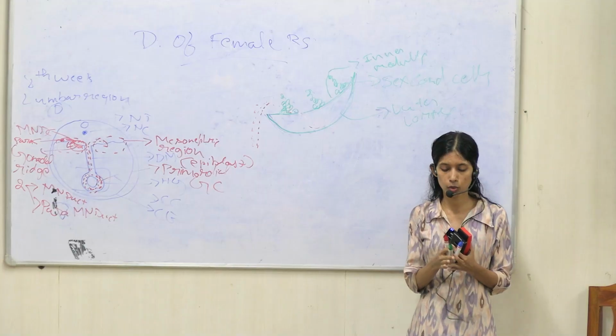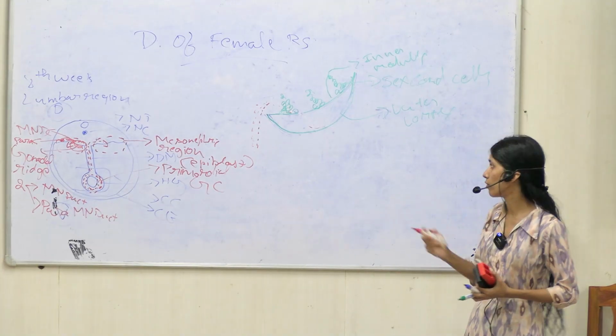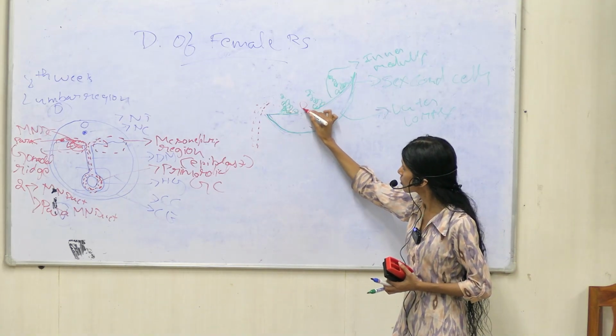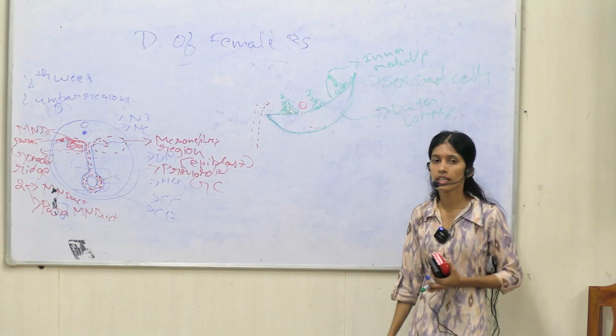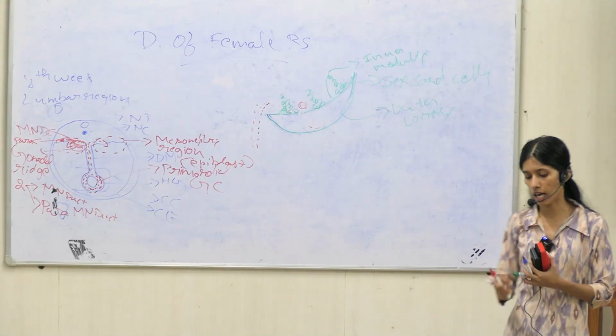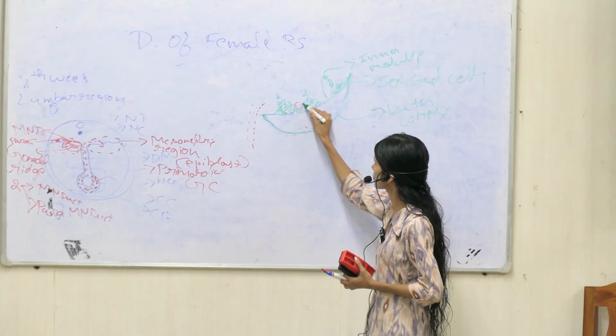In this case, during the development of the female embryo, only one or a single primordial germ cell like this will start getting covered by the sex cord cells.